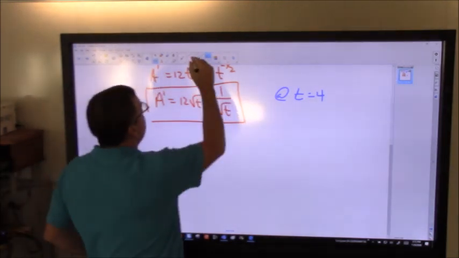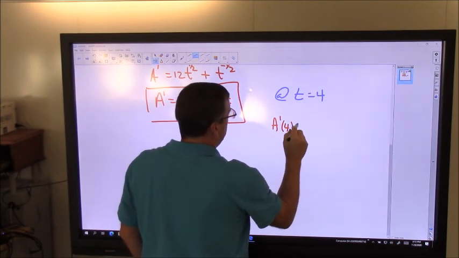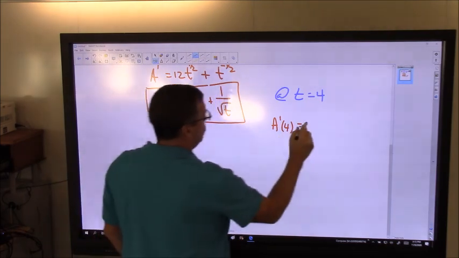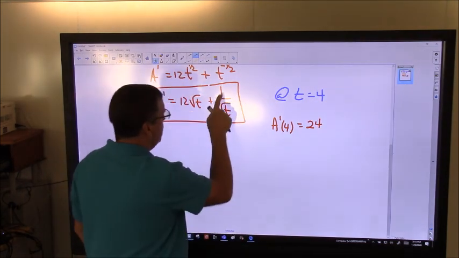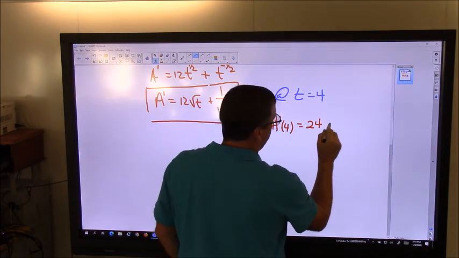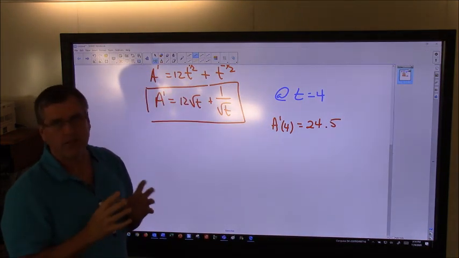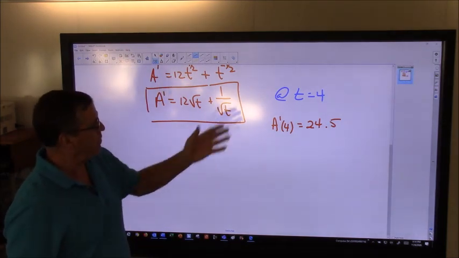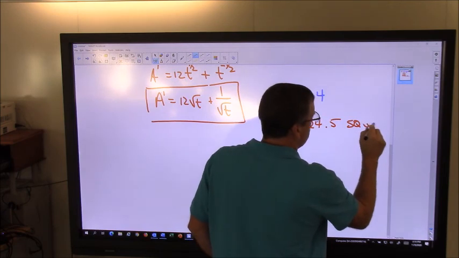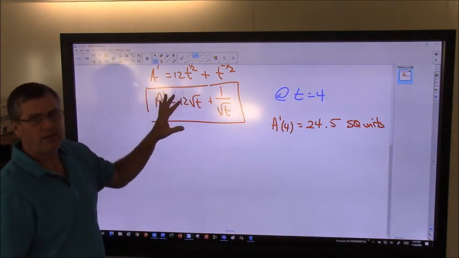So if I was going to do that, then I would say A prime at 4 equals square root of 4, that's 2 times 12, that's 24, plus 1 over the square root of 4, which is 2, so 1/2. So I get 24.5. And we've got to attach a label to this. So area is always measured in square units. And it's a rate of change.